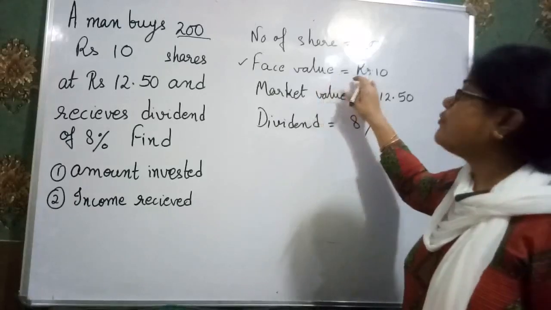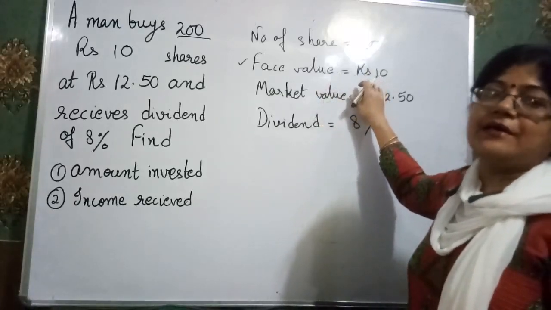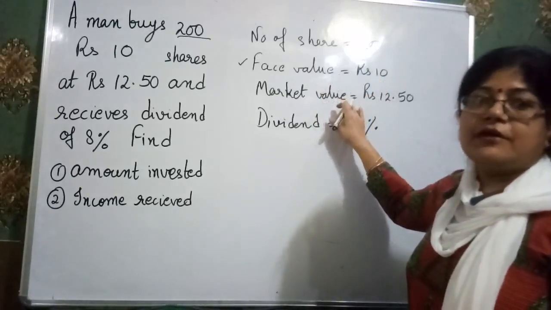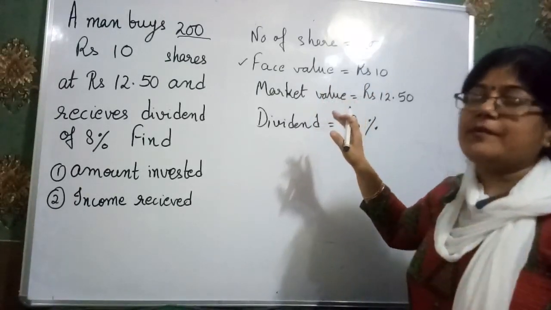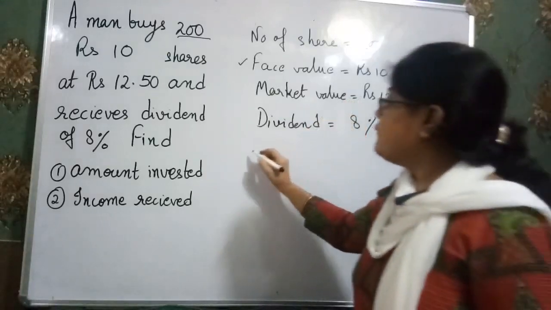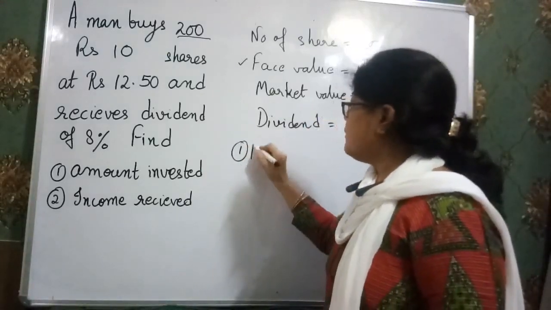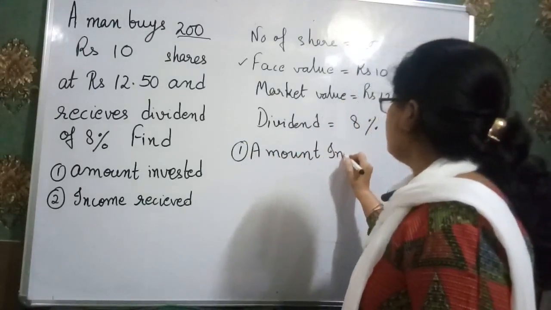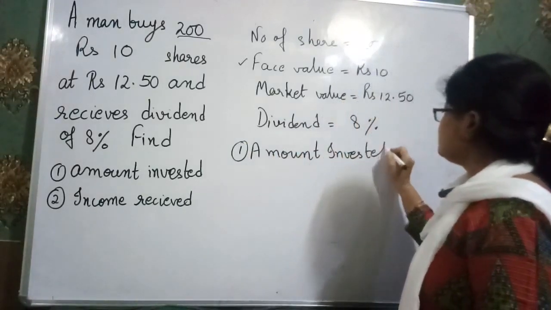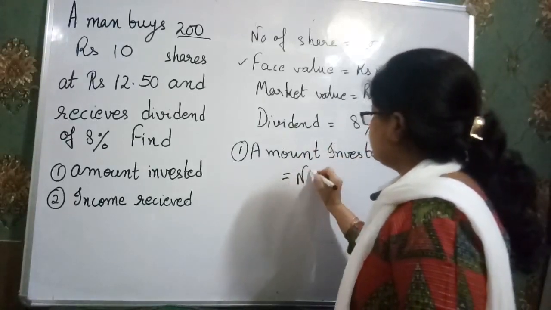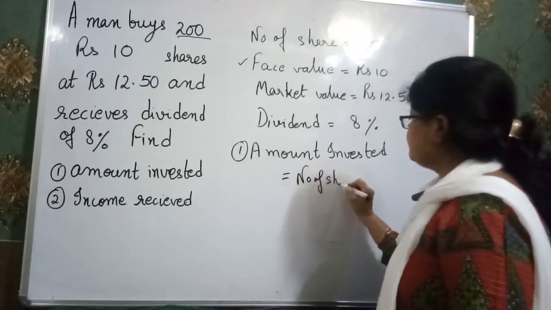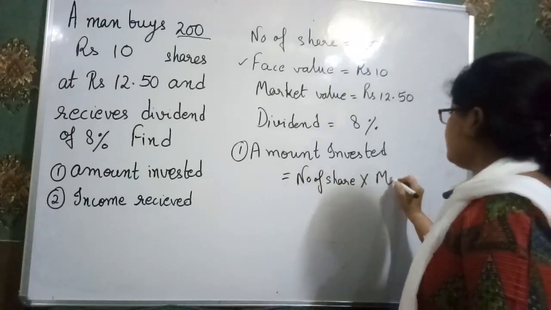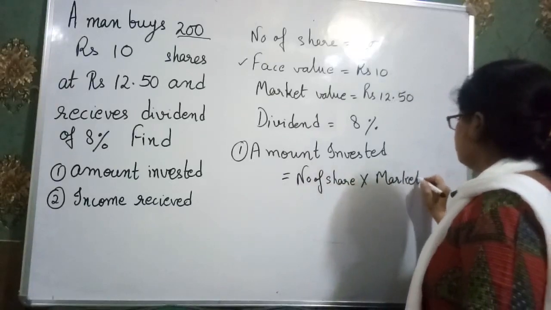Face value is the price of the share allotted by the company, and the market value is the price of the share because of trends of the market. So whenever we find amount invested, just remember and learn this formula. Amount invested is equal to number of shares into market value of the share.